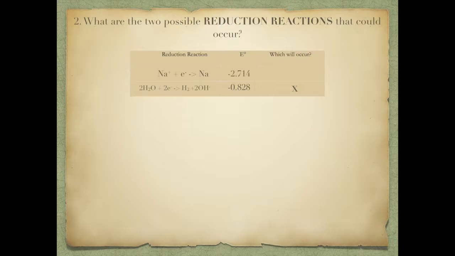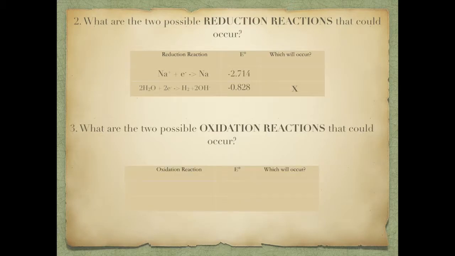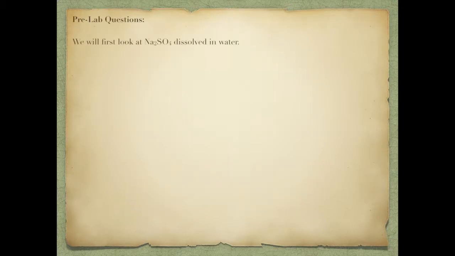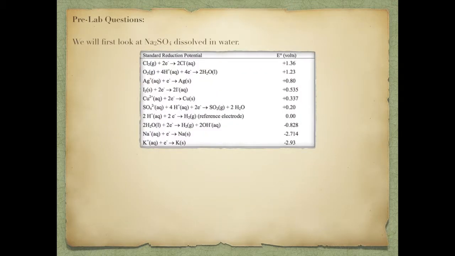Okay? So we're going to do the exact same thing, but now for oxidation. All right? So one potential oxidation reaction is going to be water. So if you look at your reduction reactions that are given on that table, and I'm actually going to have us go back and look at that right now. If you look, water, because this is going to be an oxidation reaction, I'm going to have to flip any of these reactions that I want.